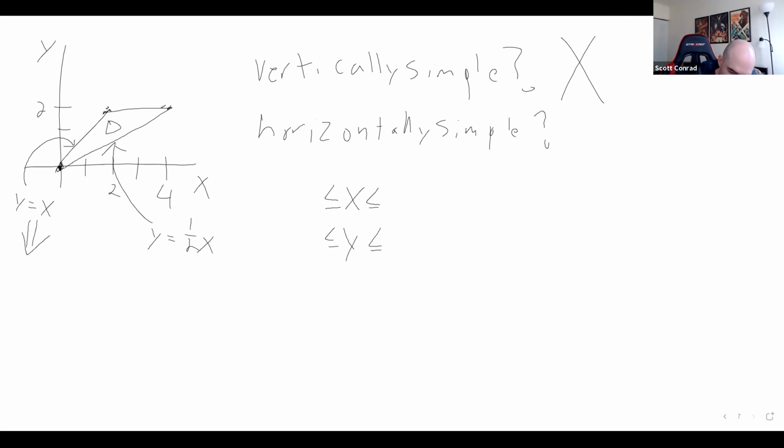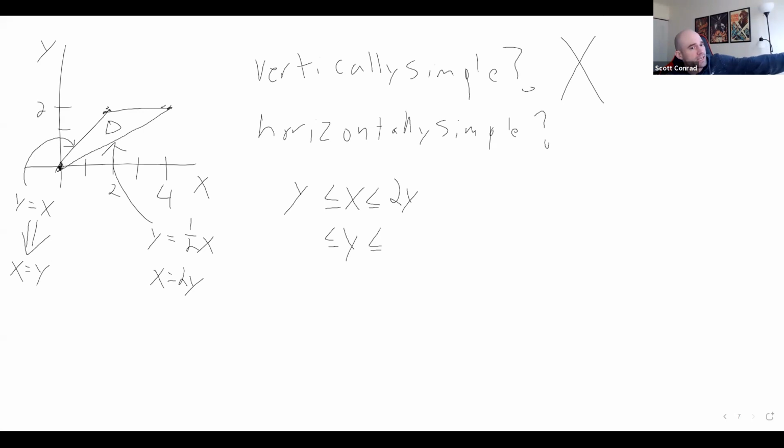So getting x by itself on both of these, the left curve is x equals y. That's where x is bounded below by that guy. That's where x is smallest on the left. And getting x by itself on the other one, just multiply both sides by 2. We get x is 2y. So x is bounded below by y and above by 2y.